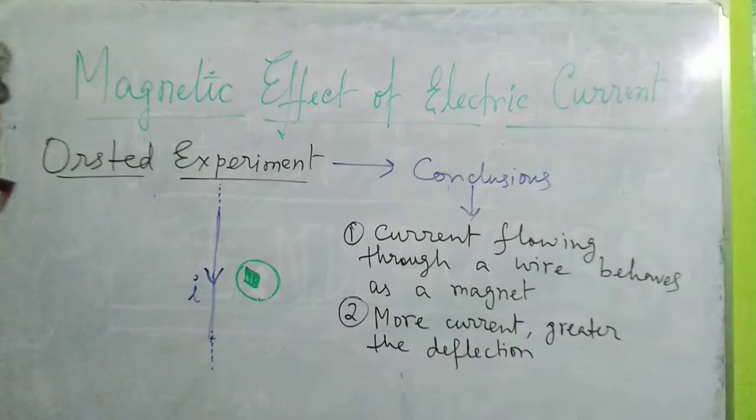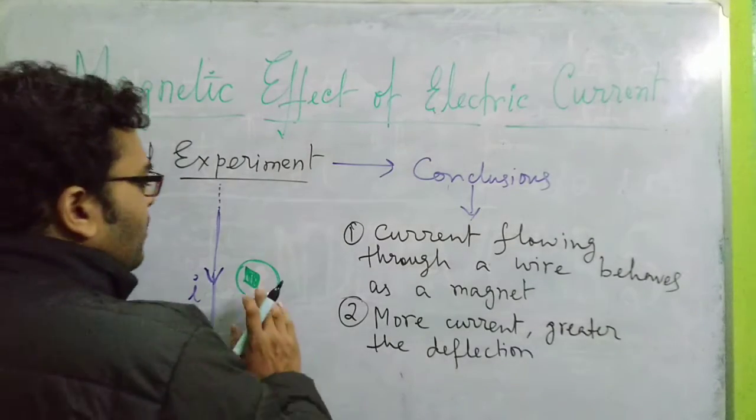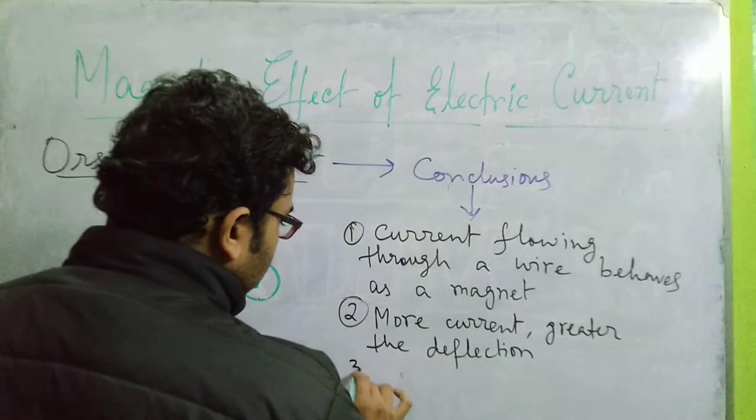Okay, and with the reversal of the current direction, what happens? The magnetic poles are also reversed. That is why the compass starts deflecting in the opposite direction.